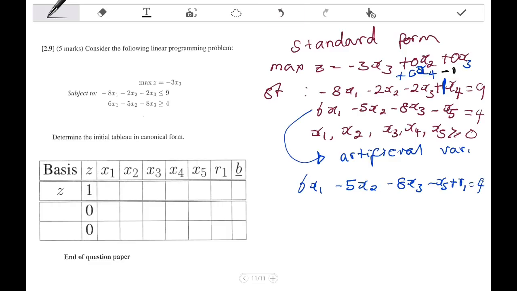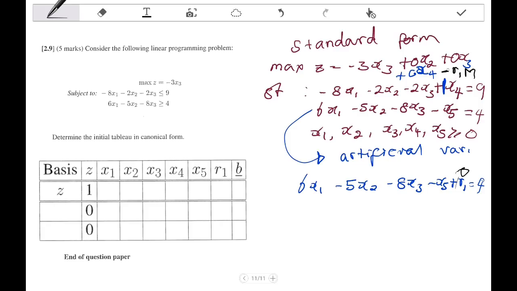You subtract R1 multiplied by M. M is the biggest number in the problem. We assume that R1 is 0, so it has no effect on this 4 here.